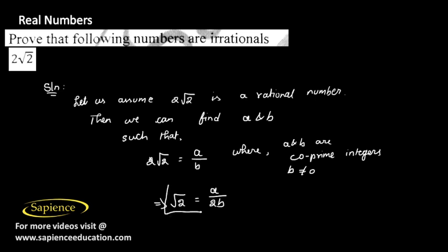Now we have root 2 is equal to a by 2b. Now the left hand side of this equation is irrational.